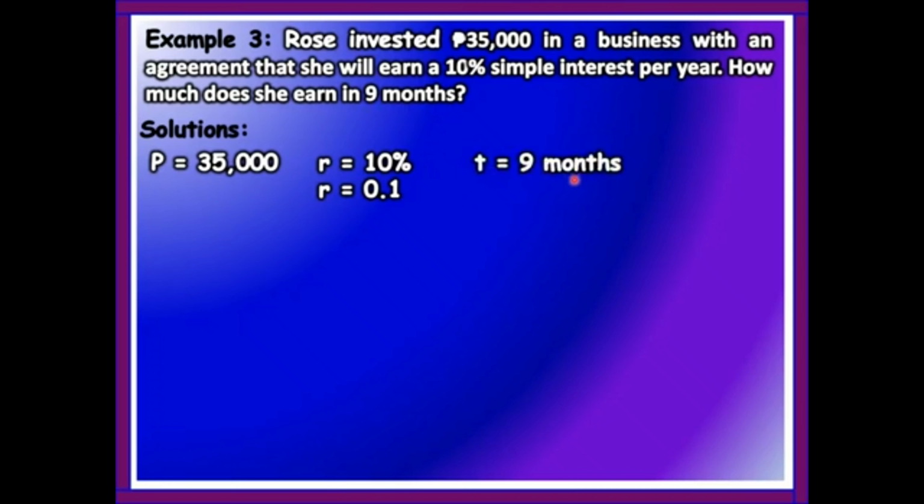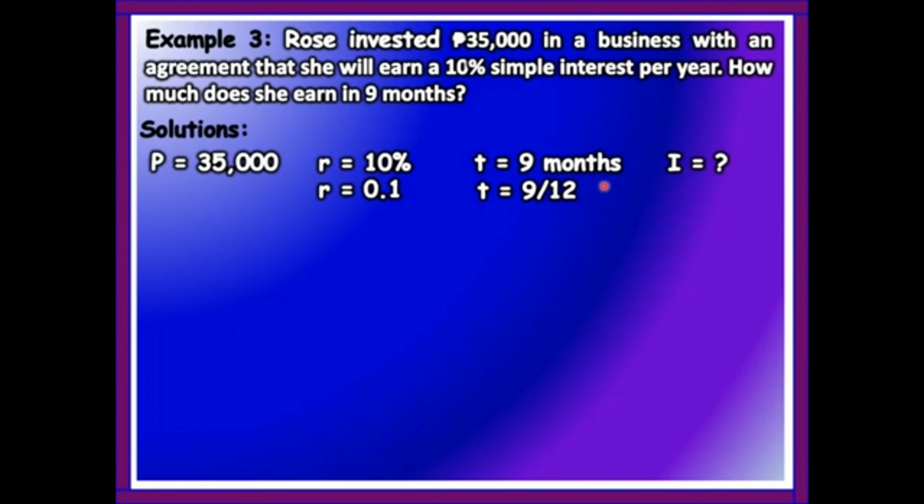So we have to express this in year since the interest is per year. So let us convert or express 9 months in years. So to do that, by the way, we will be looking for the interest since how much does she earn in 9 months. So our T is 9 divided by 12.